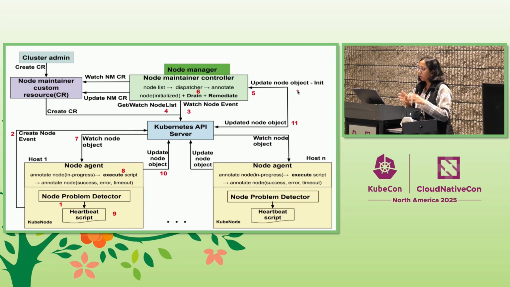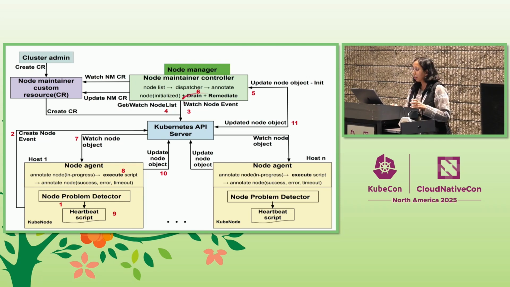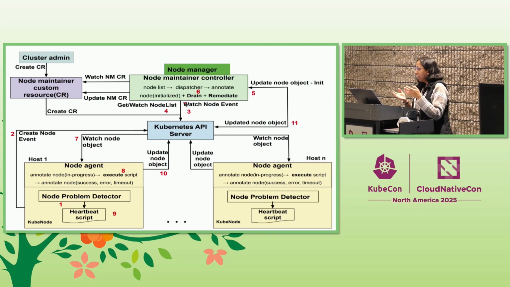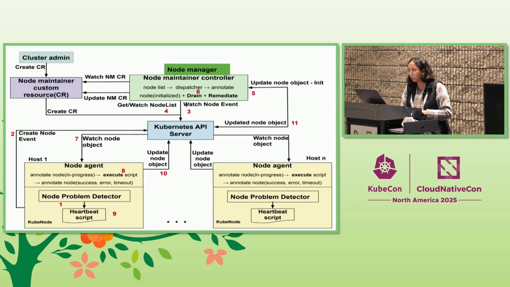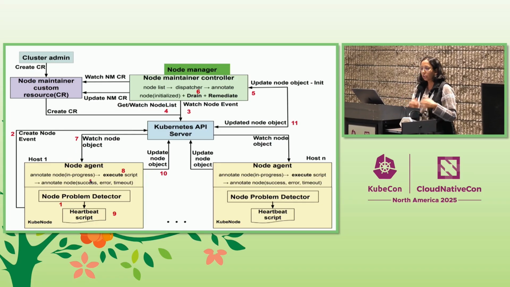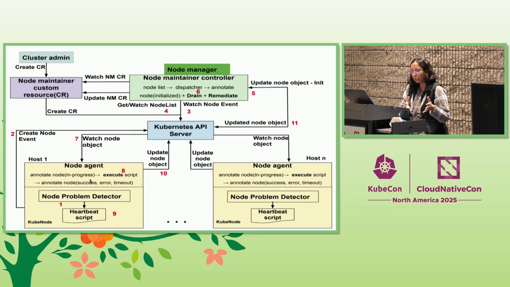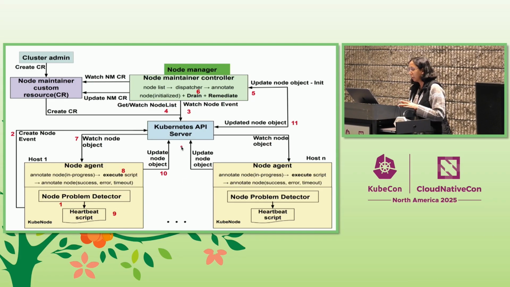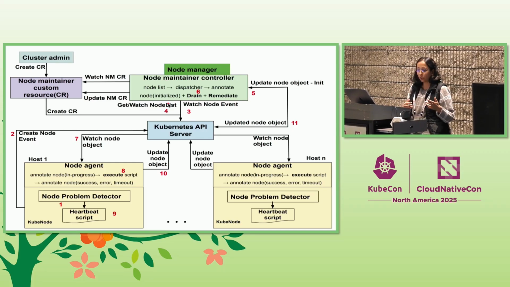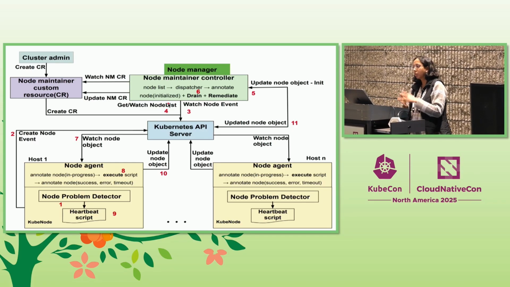Before sending to a node agent, it also checks if there is a remedy which requires drain, and waits for the drain to be completed. Drain is done centrally by the node maintainer controller. The node agent, which keeps watching the status or the signal from the maintainer controller, reads that annotation, starts executing the remedial action, and updates the status back using the kubectl API. The node maintainer, which keeps watching the live status of all the nodes, sees that and updates the feedback about the remedial action.